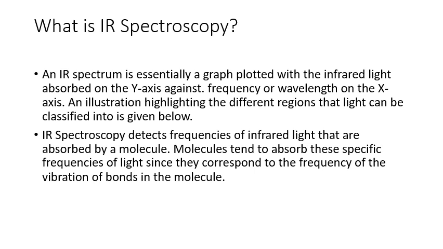This spectroscopy detects the frequencies of infrared light that are absorbed by the molecules. Molecules tend to absorb these specific frequencies of light since they correspond to the frequency of vibrations of bonds in the molecule. What a molecule will absorb is characteristic of the molecule, and we utilize this property to check what vibrations are present, which decides which types of bonds are present.